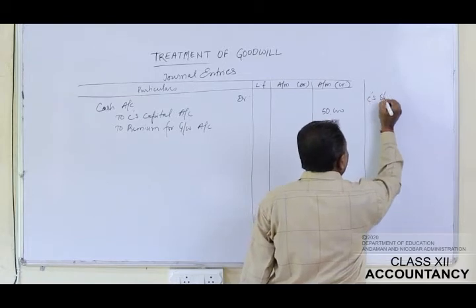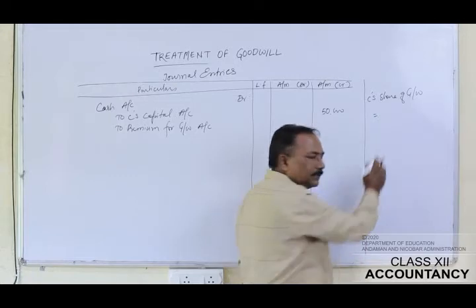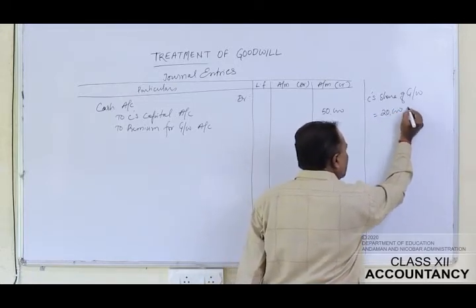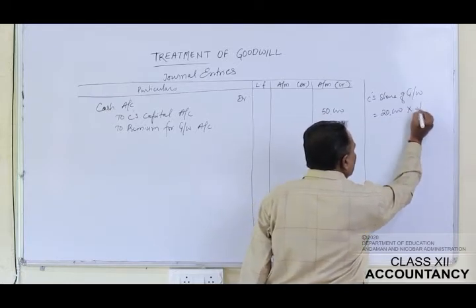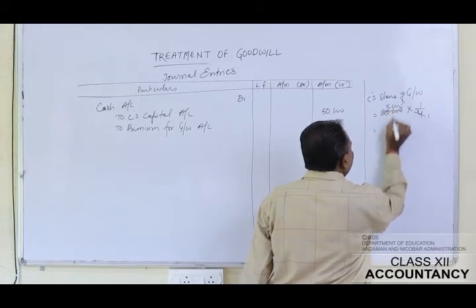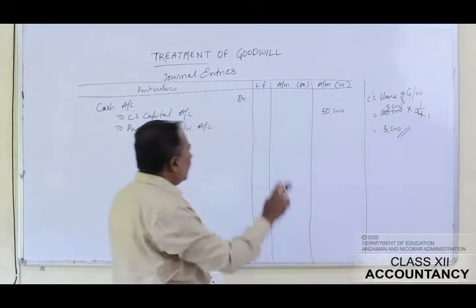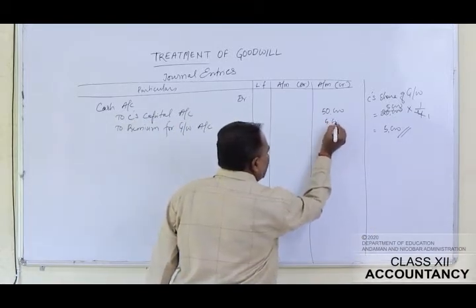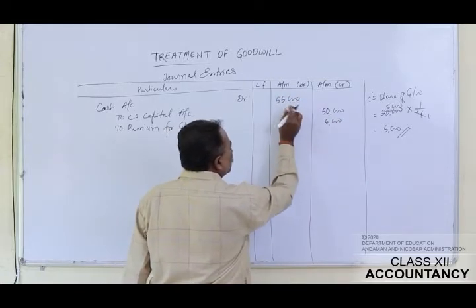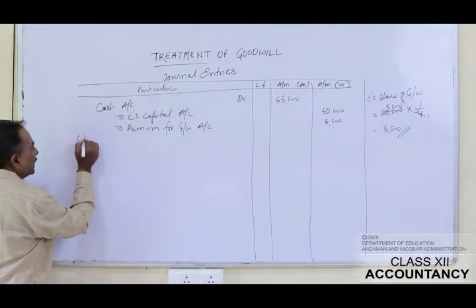The goodwill of the entire firm is rupees 20,000, into his share in the profit, which is 1/4. 4 ones are 4, 4 5s are 20. It means that C's share of goodwill is rupees 5,000. Now if he brings rupees 5,000 as his share of goodwill, it means that a total of rupees 55,000 is coming into the business. Now you have to write down the narration.